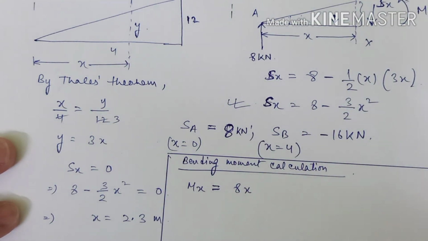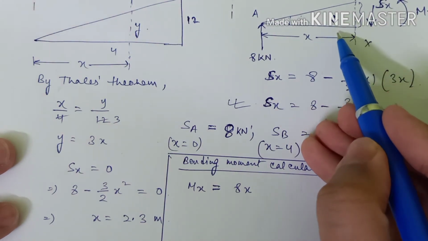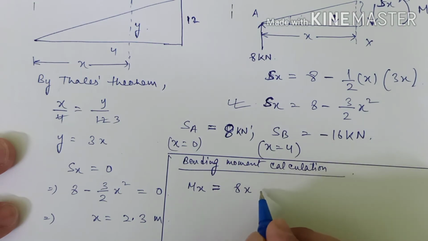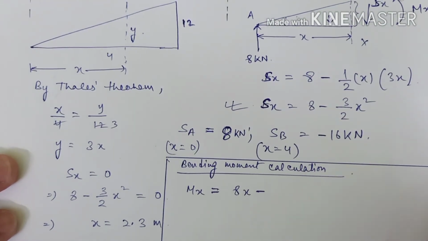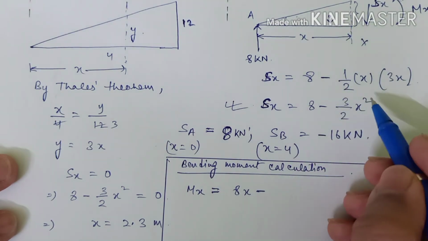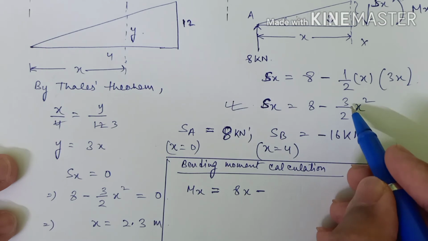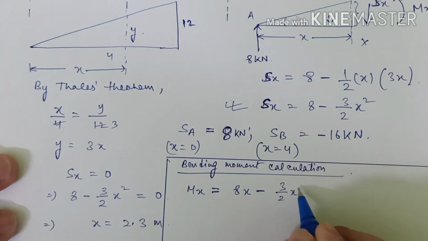And what else do we have? We have this force which is acting downwards, so it will try to hog the beam, so the sign convention is negative. The value of this force is half into x, that is 3 by 2 x square.